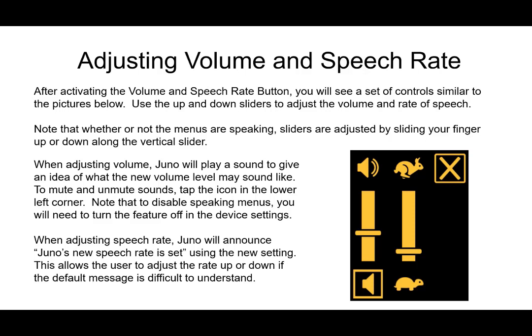When you're adjusting that speech rate, the Juno is going to announce, Juno's new speech rate is set. It'll use the new setting that you have just put in there. So this allows the user to adjust the rate up or down if the default message is hard to understand. And of course, this is really easy to get in and out of. To get out of this menu, you're going to go ahead and touch that X that is located on the right side next to your rabbit.